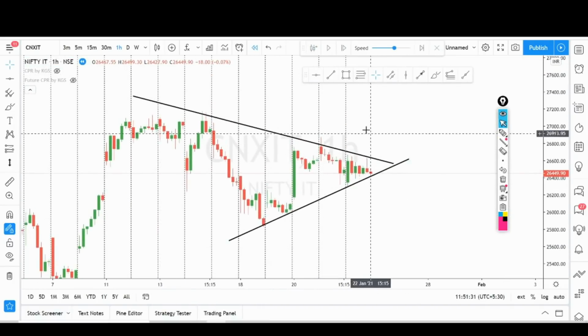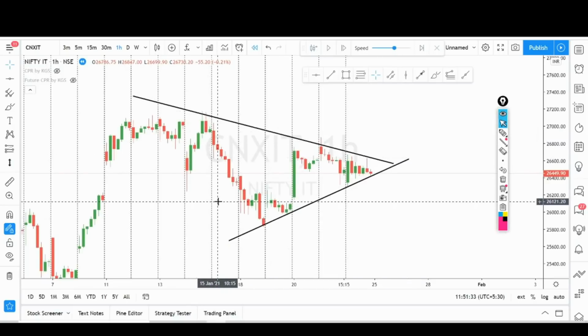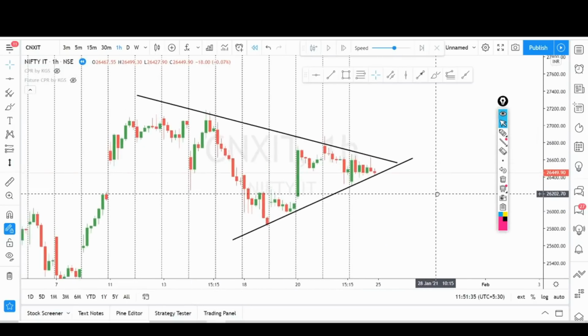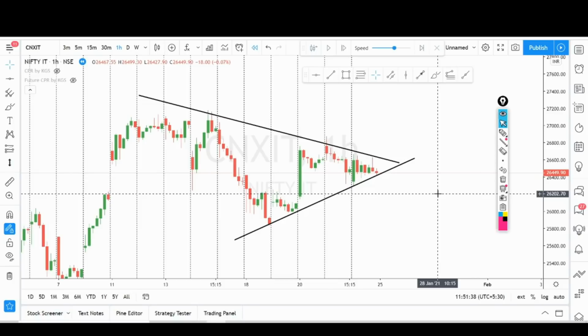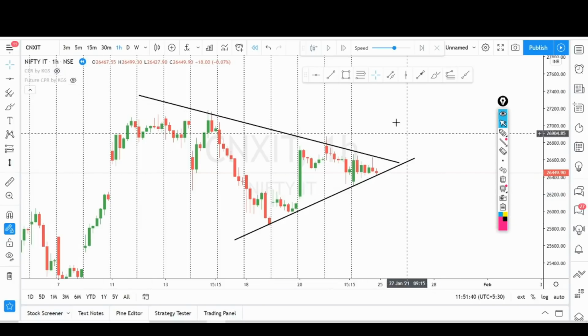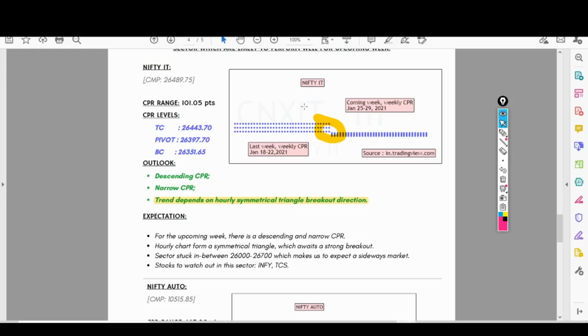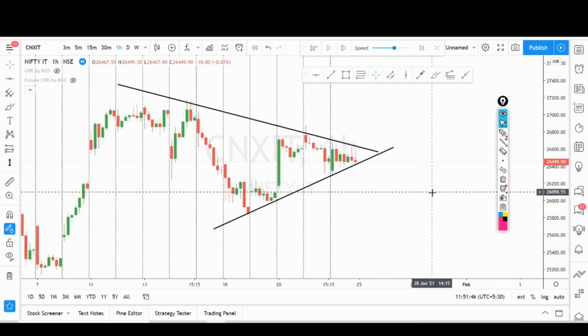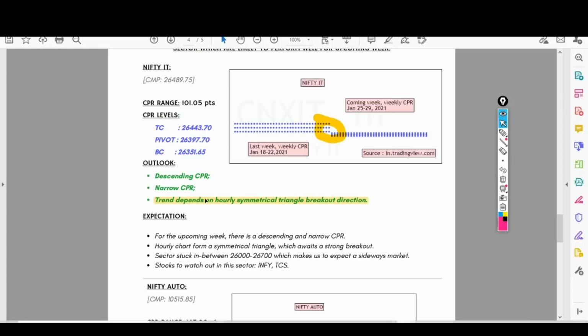So this is how Nifty IT was looking like when I prepared my weekly newsletter. And the CPR was also narrow as I have given in this image. Now what happened? The trend depends on hourly symmetrical triangle breakout. Okay.